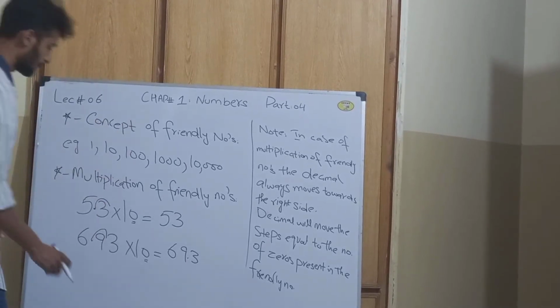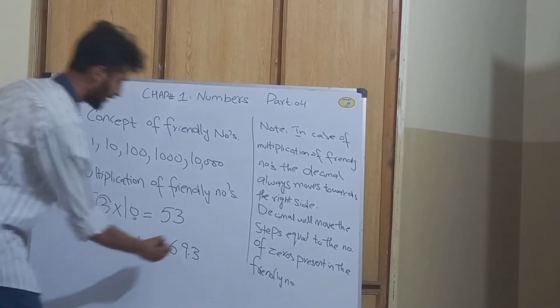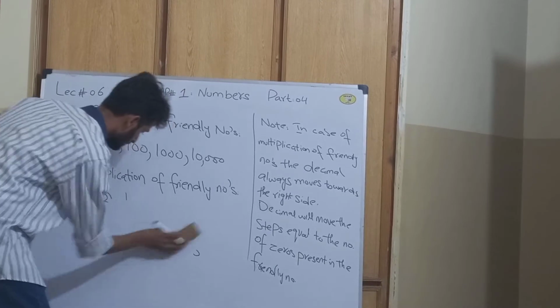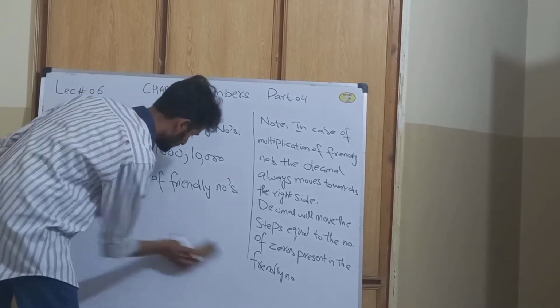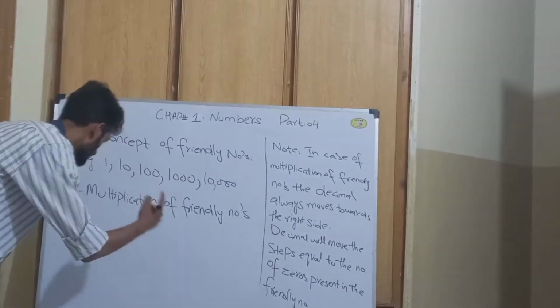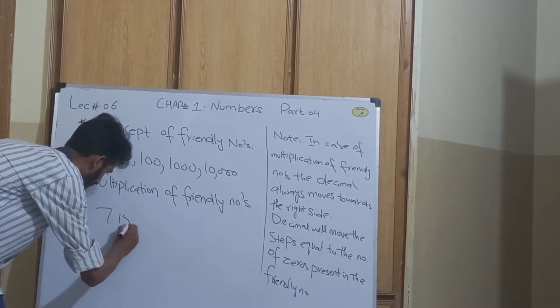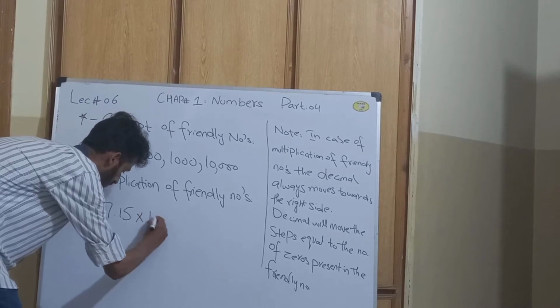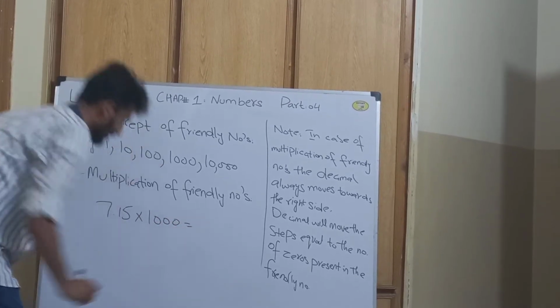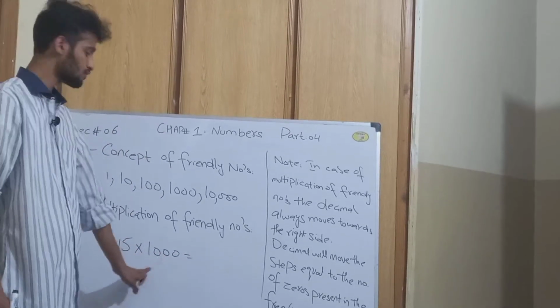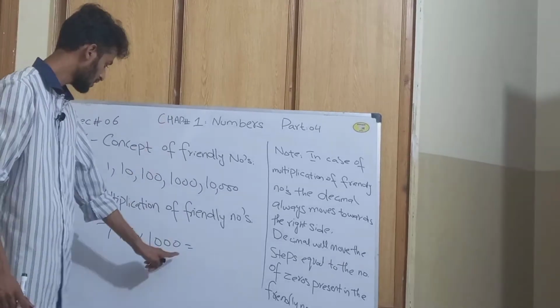Let's consider another example. We have the number 7.15 multiplied by 1000. Here the number of zeros present in this friendly number is 3.